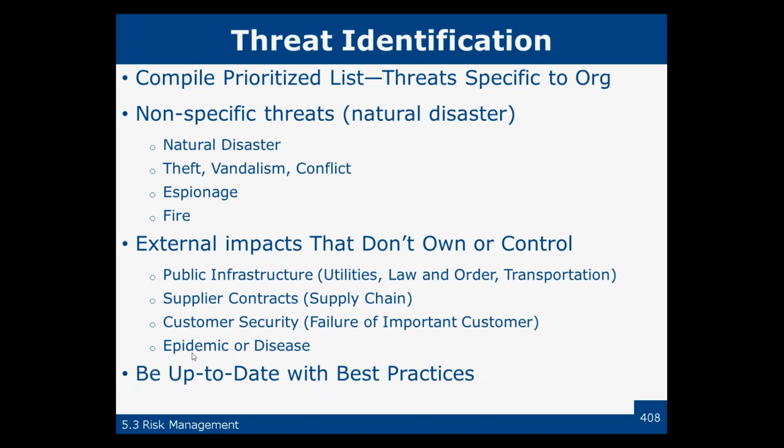Customer security, not the security like we've been talking about, but the security that they're going to stay in business. The customers' and the suppliers' security are both there. So if an important customer fails, we don't have anything. Or if you're a business that only has 1 or 2 customers, you may want to try to become a little bit more diverse with your customer base.